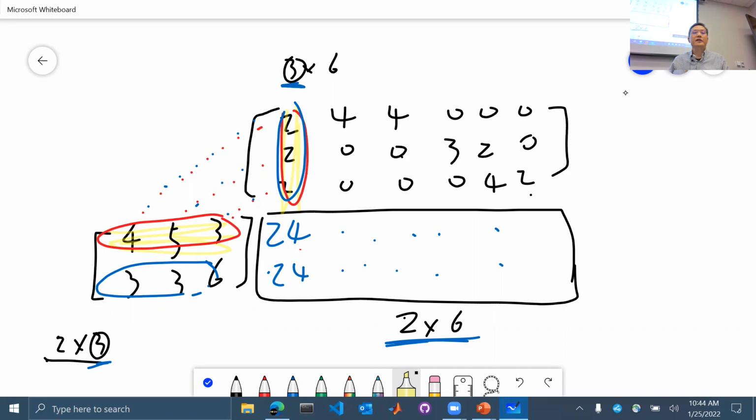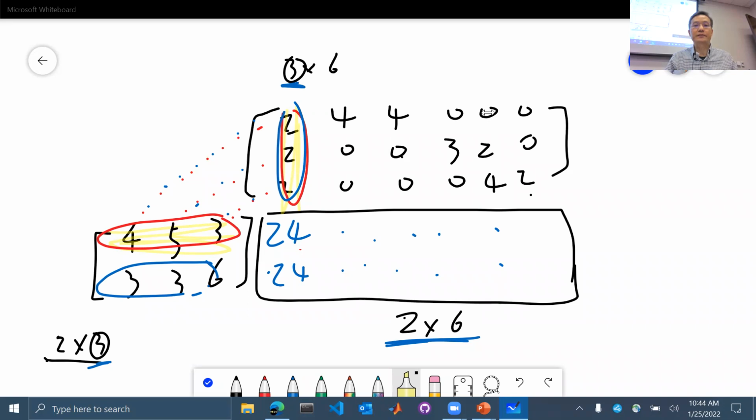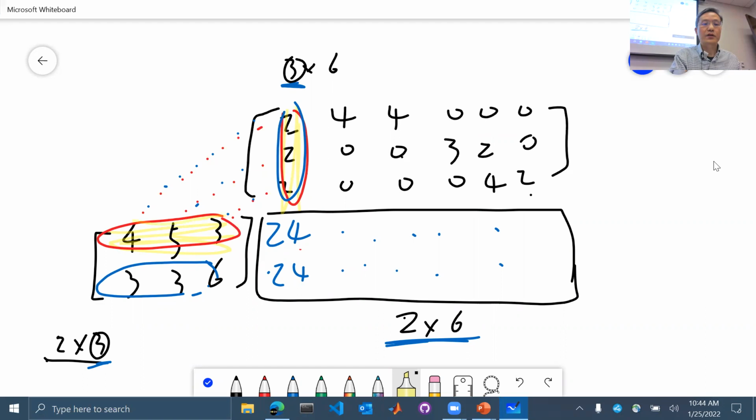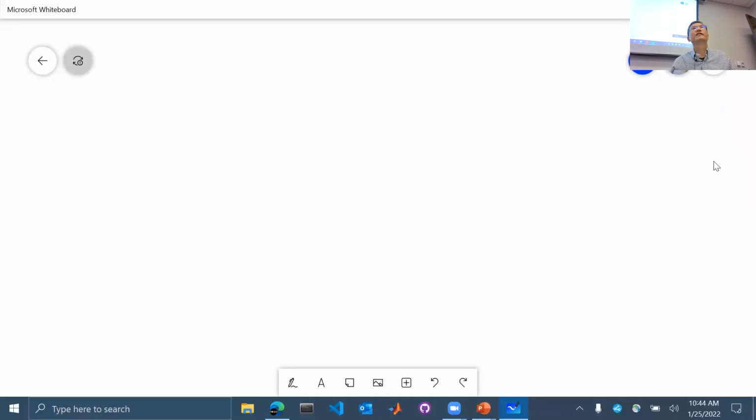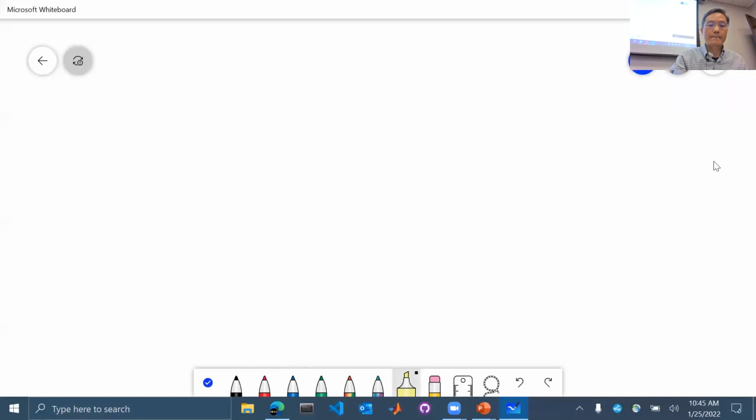Now, if I gave you two vectors instead of these two matrices, for instance, a vector 4, 5, 3 times 2, 2, 2, so a vector multiplication.